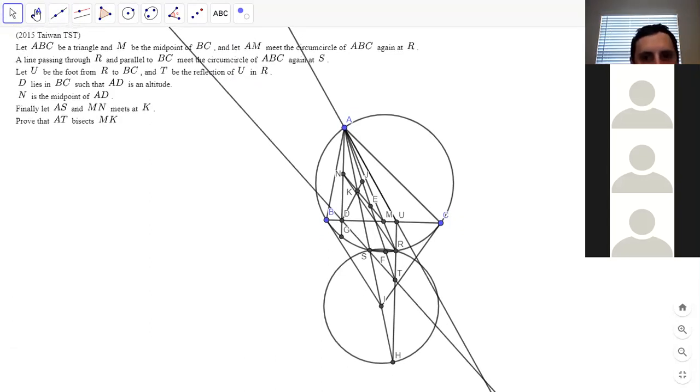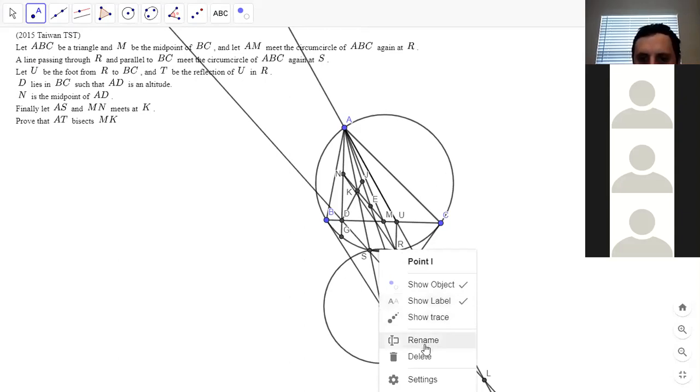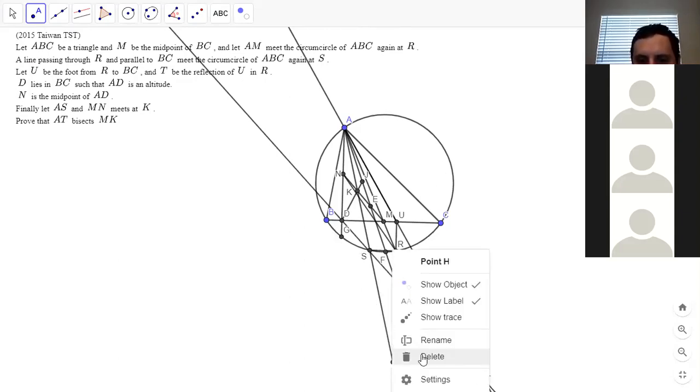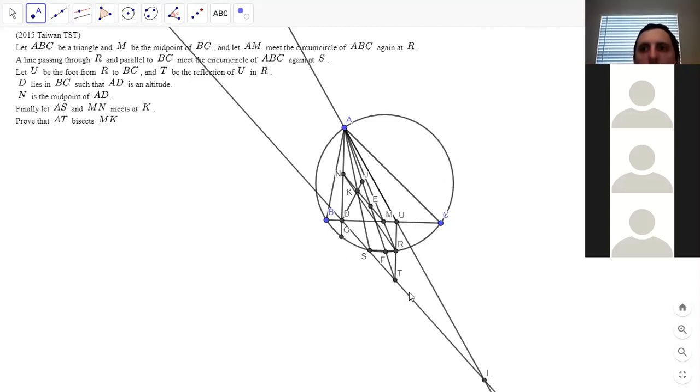I'm going to delete some of the other stuff I added because I don't think your solution uses point I, right? I didn't solve the entire problem, just that. Oh, okay. So I'll add it back then.